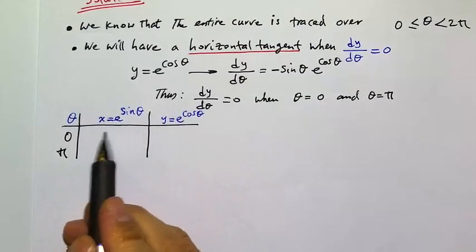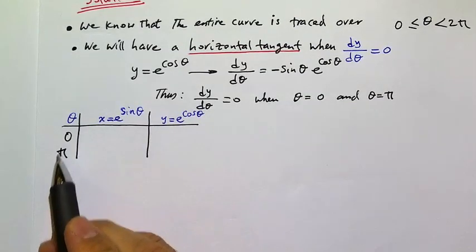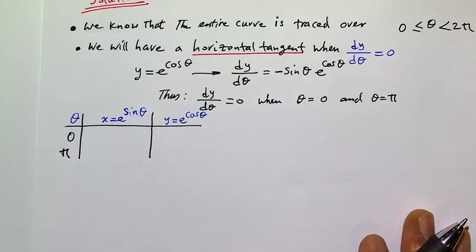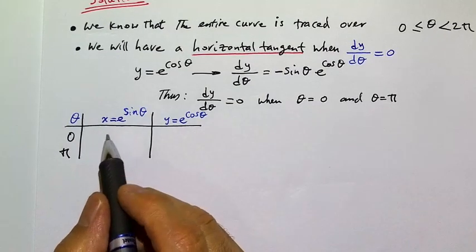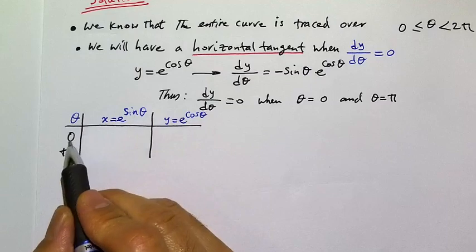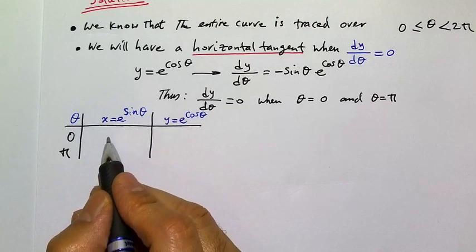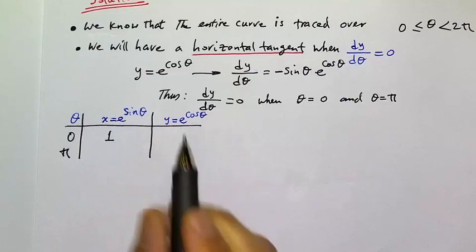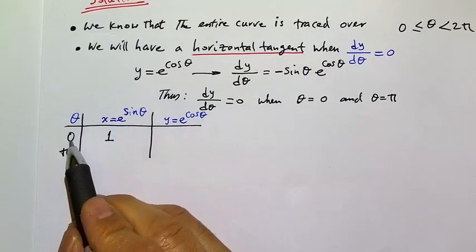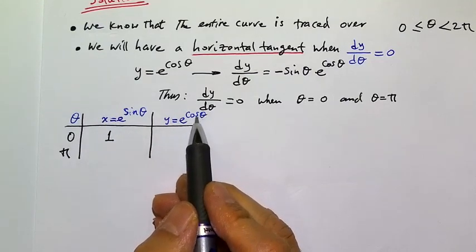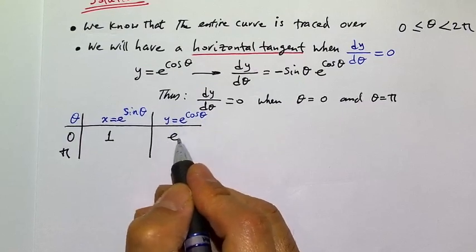So let's find the x and y values for each. For theta equals 0, e to the sine 0, which is e to the 0, is 1. For the y value, cosine of 0 is 1, and e to the 1 power is just e.